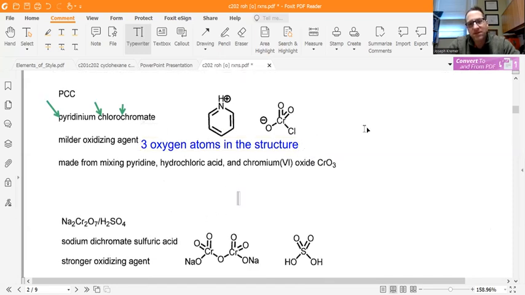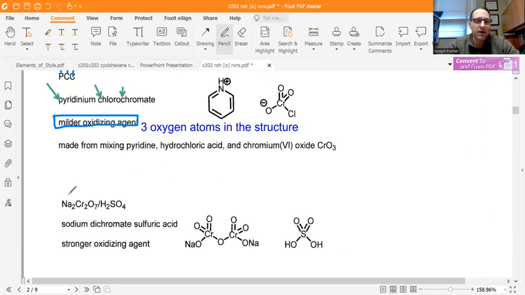But even so, it's a milder oxidizing reagent because of the number of oxygen atoms it has. I don't need you to know how to draw the structure of PCC, but I do need you to know that PCC, I always look at the acronym, PCC, 3 letters, right? 3 oxygen atoms.